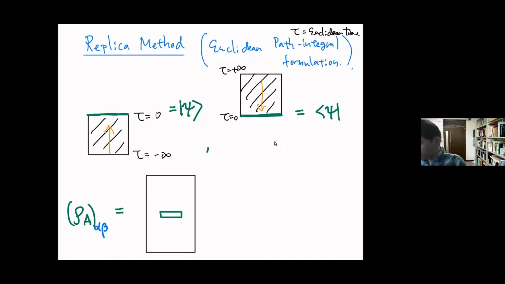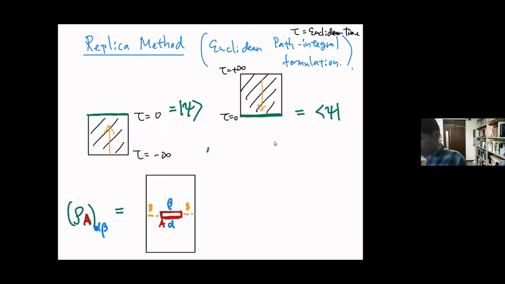Then we have alpha and beta; these boundary conditions are the arguments of the matrix here. This is subsystem A. This interval is A.